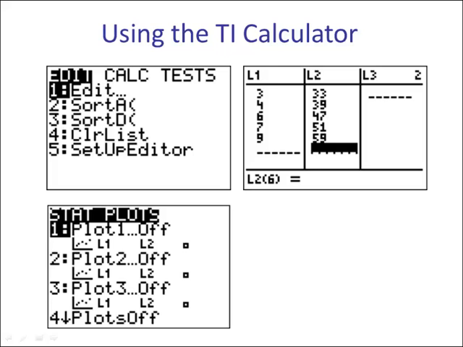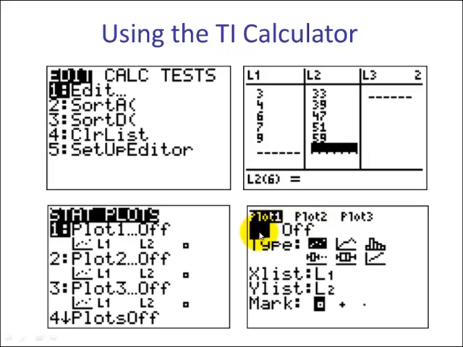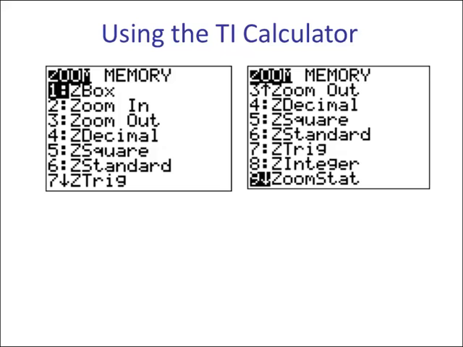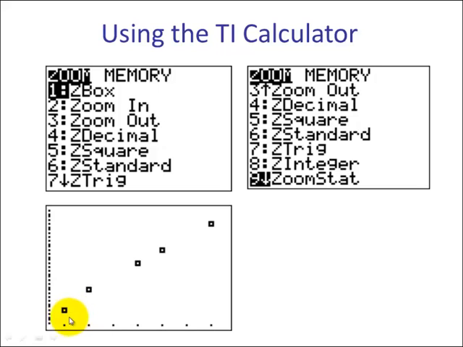Next you hit second and Y equals, which is stat plot. Hit Enter. If it's off, make sure you turn it on and make sure it's in the scatter plot. You want to make sure that your X list is your independent variable, list 1, your Y is list 2. Now you hit zoom, and then if you remember, number 9 is zoom stat. So scroll down to 9 or just hit the number 9. Now you have your scattergram.